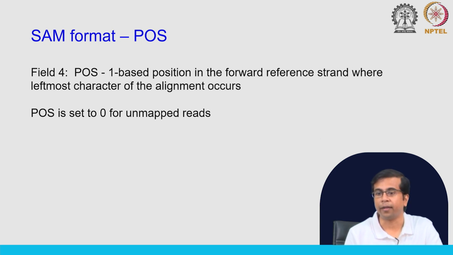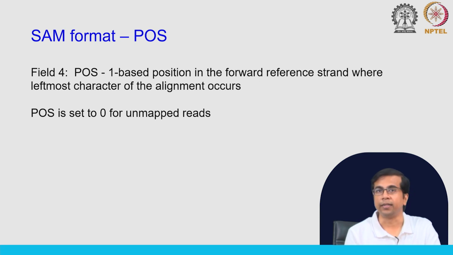I will explain in the next slide what this one based position system is. It gives the location where the leftmost character of the alignment occurs. So, in the reference sequence, where the leftmost character of the read occurs, that is the position that we get in POS.